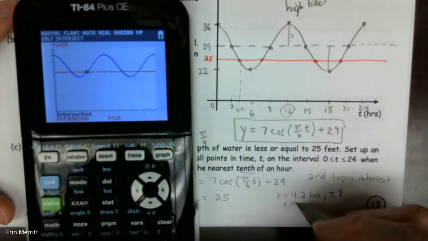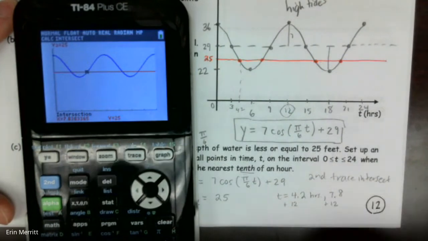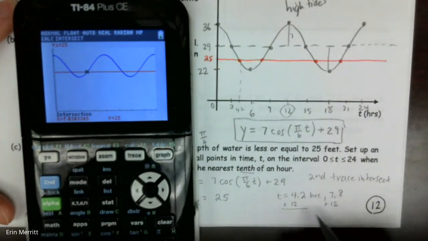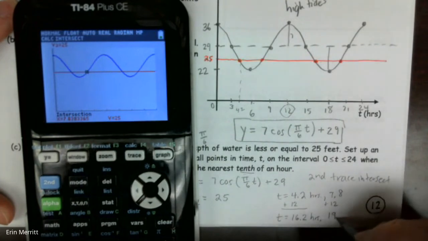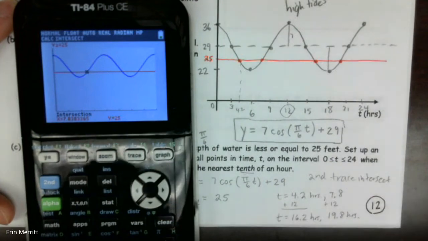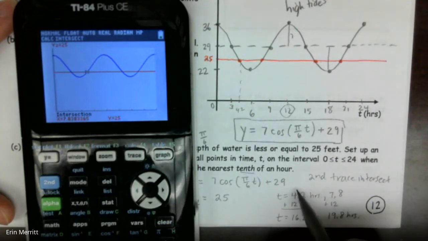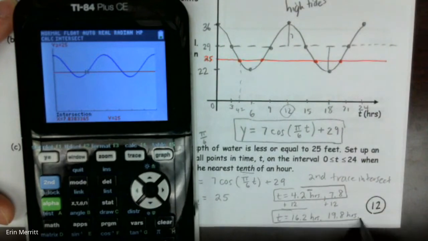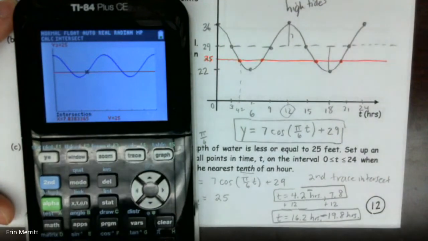So I can simply add 12 hours to this answer and add 12 hours to that answer. So it also happened at 16.2 hours after that first high tide and at 19.8 hours after that first high tide. So that would be the times between here and here and between here and here when that tanker can't be in the bay.